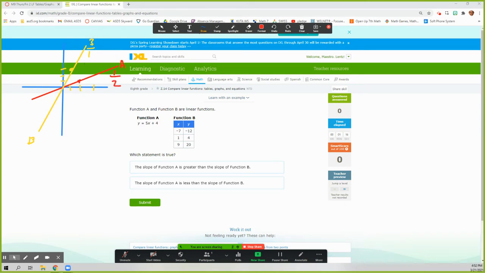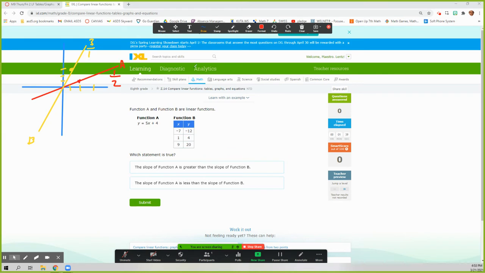If you think of it like an improper fraction, the bigger the improper fraction is, like 6 over 1 would be even steeper, 8 over 1, 12 over 1. The bigger the number on top of the denominator, or the rise on top of the run, however you want to word it, the steeper it is, the greater it is.